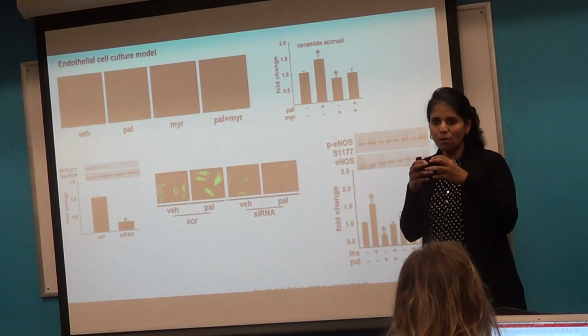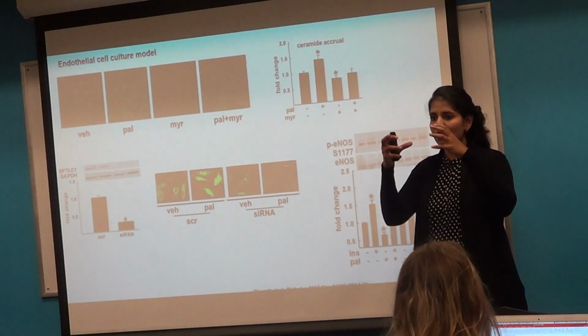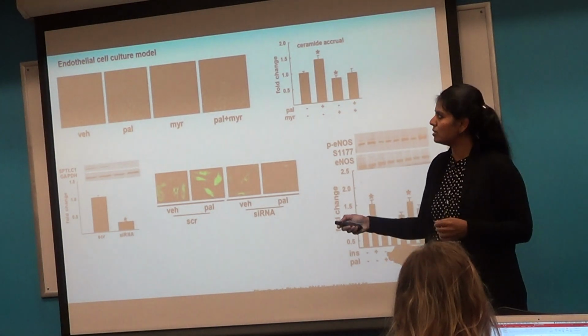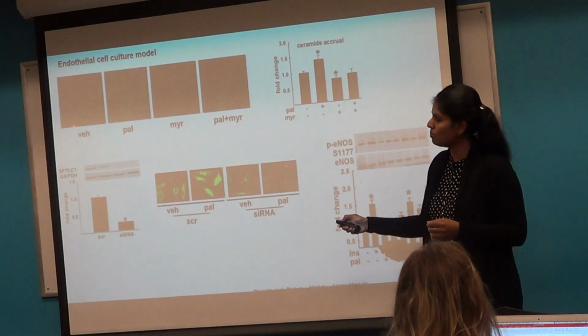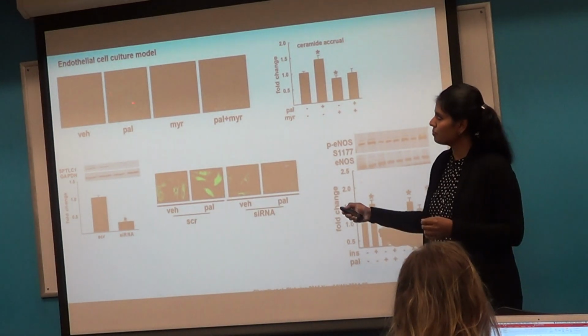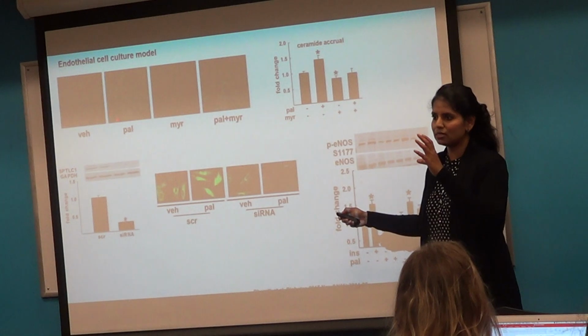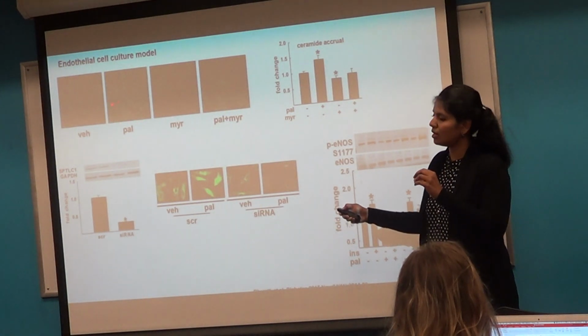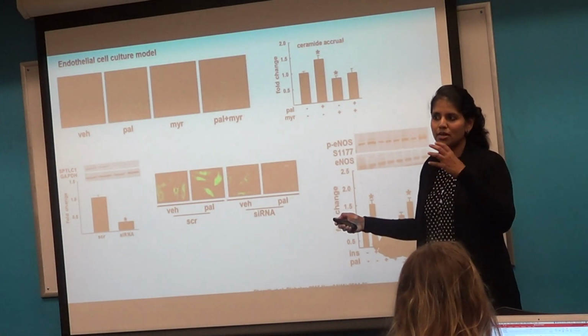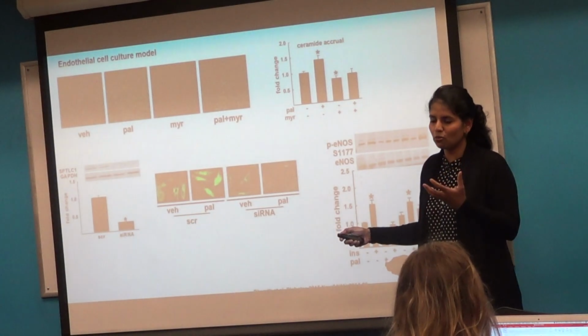If you have more ceramide, the fluorescence is more; if you have less, the fluorescence is less. The palmitate-treated cell had increased fluorescence, meaning it had more ceramide accrual.